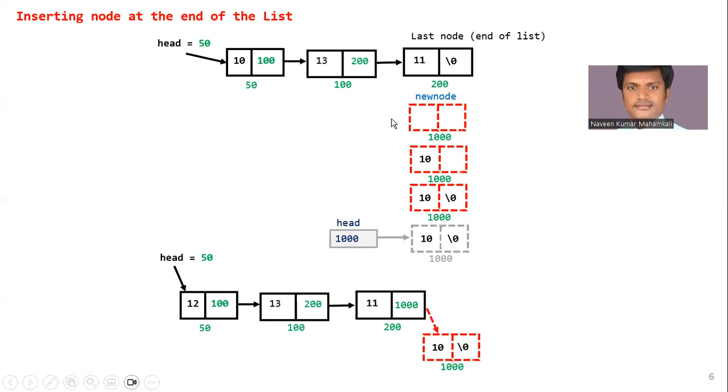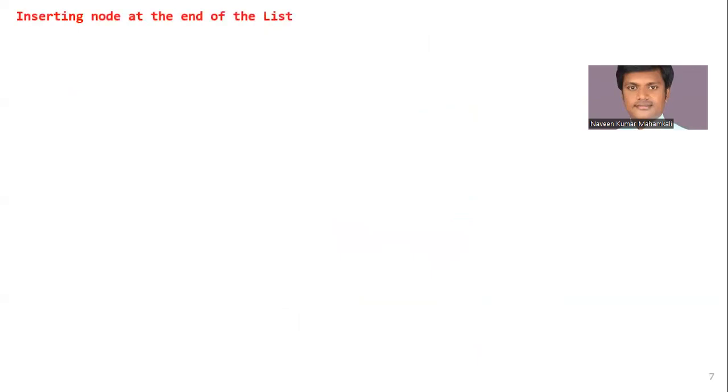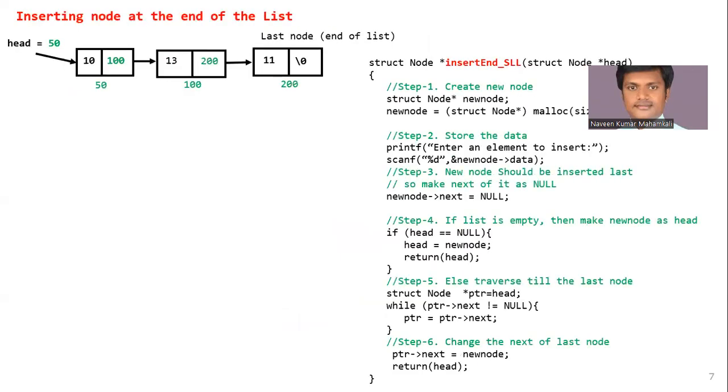We will try to understand the C program to achieve the same. This is a piece of code; assume insert end SSL is a function that will insert a node at the end of a list. As before, we are creating a new node using malloc at runtime.